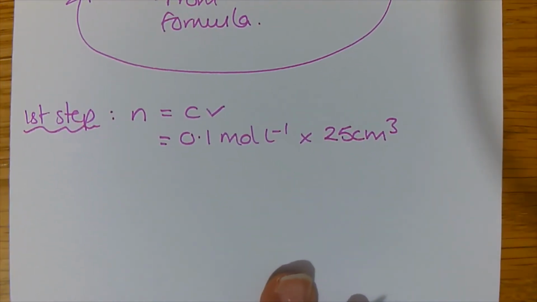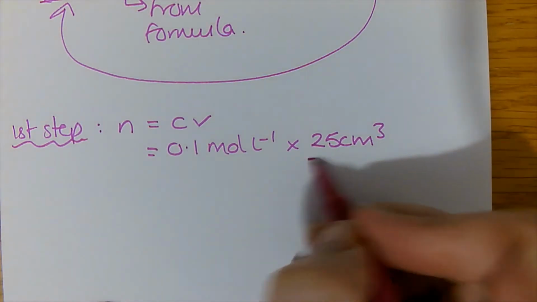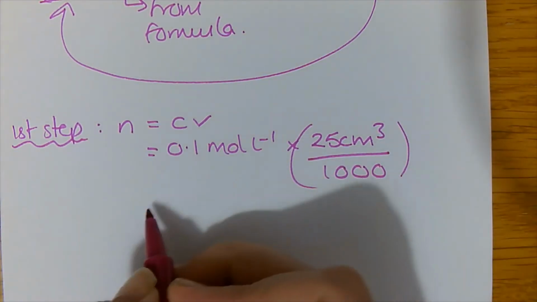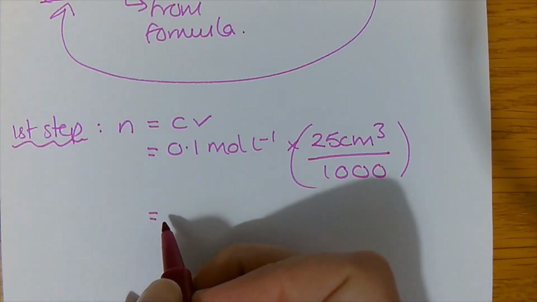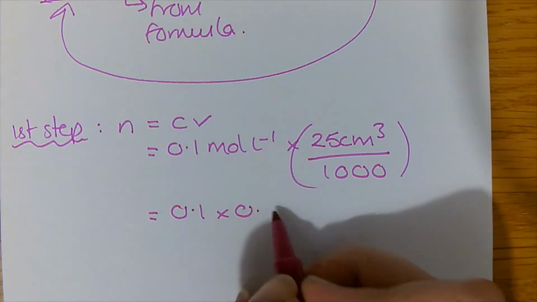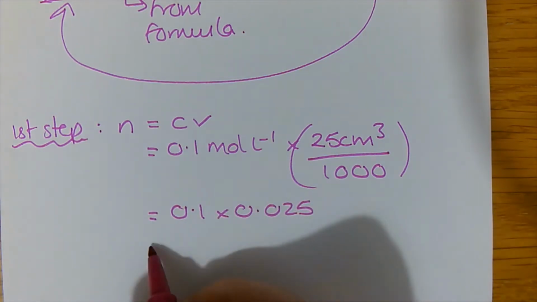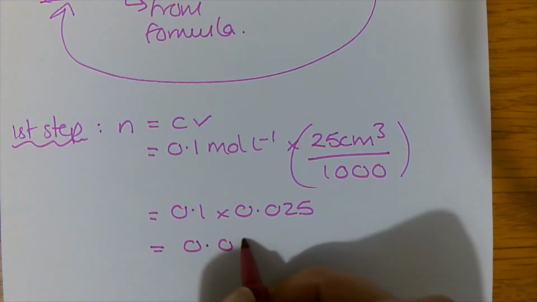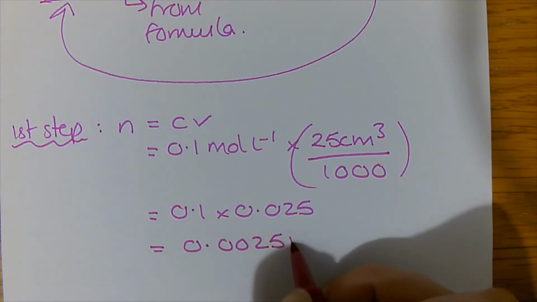Remember, we don't work in centimetres cubed in these calculations, we work in litres, so you'll need to divide this by 1000. And once you do this sum, you'll find that the answer is 0.0025 moles.